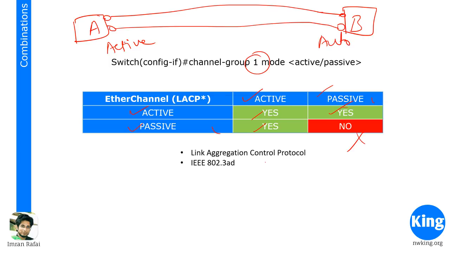If you have active here, it has to be either active or passive on the other side. That's when it will form an LACP link. If you have active and if you have auto or desirable, which is a PAGP one, it will not form an EtherChannel, because LACP and PAGP are not interoperable, so they cannot talk to each other. So that will not form an EtherChannel.